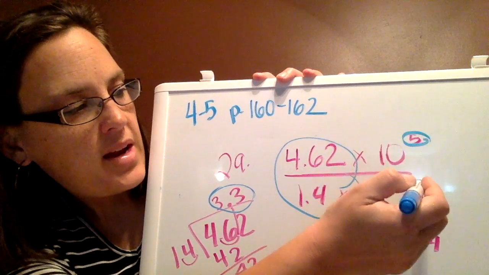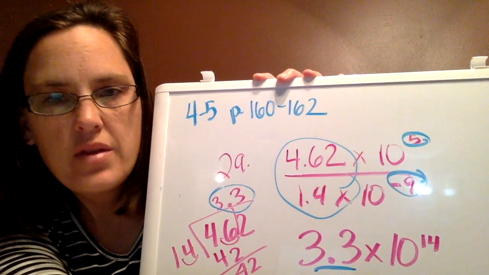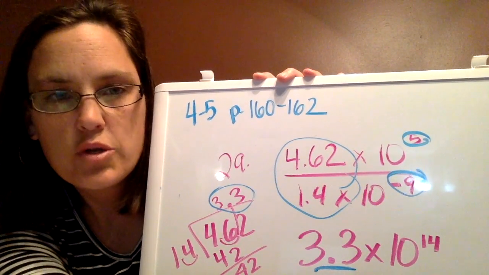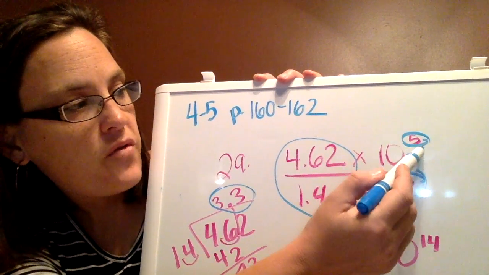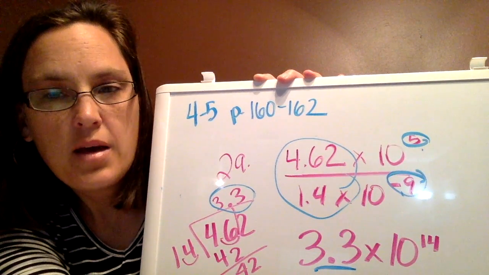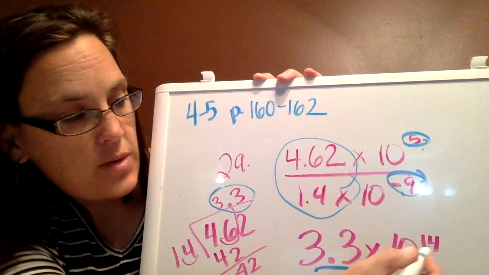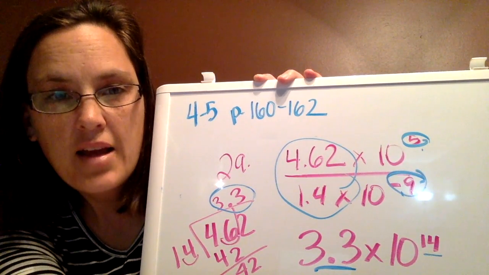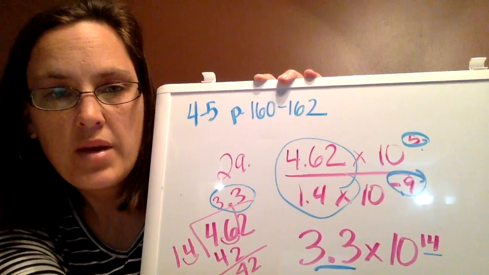And then when we're dividing, there's a couple of different things you can think about. For one, you can remember the rule, which is to subtract the exponents. So 5 take away a -9 becomes 5 plus 9, which makes 14. Another way to think about it is negative exponents move and become positive.